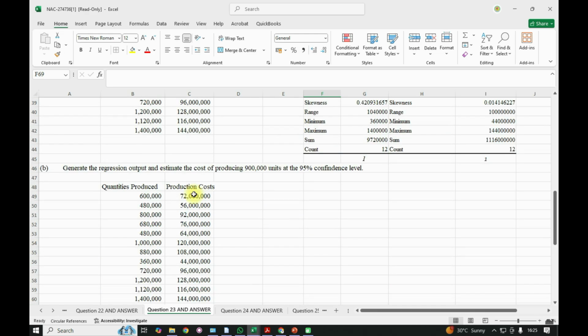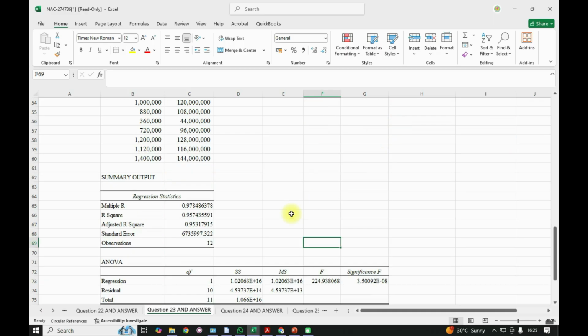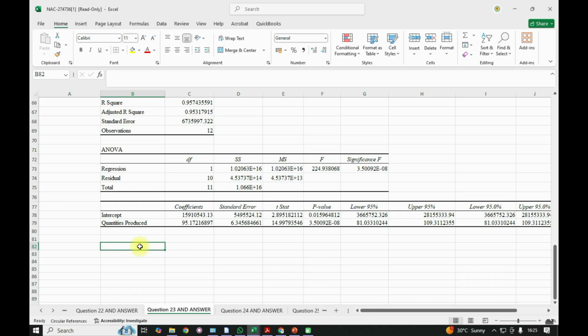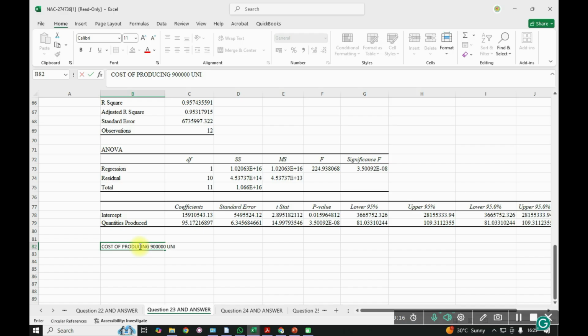We just needed to generate the regression output and estimate the cost of producing 900,000 units. So here, cost of producing 900,000 units. Here we shall have the units, and our unit is 900,000.